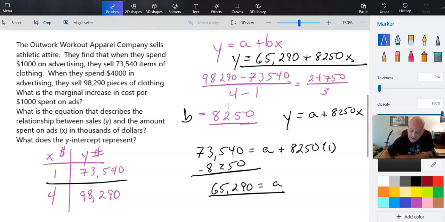Because if I make x 0, it basically cancels this term out, and all you're left with is this. So that means that they're not spending any money at all on advertising, and they're still selling 65,290 pieces of clothing. So that's what the y-intercept represents in this particular case. It's always a little bit different, right? It's good to think of it sometimes as an initial value, because it's the first value you get wherever you have 0 marked.